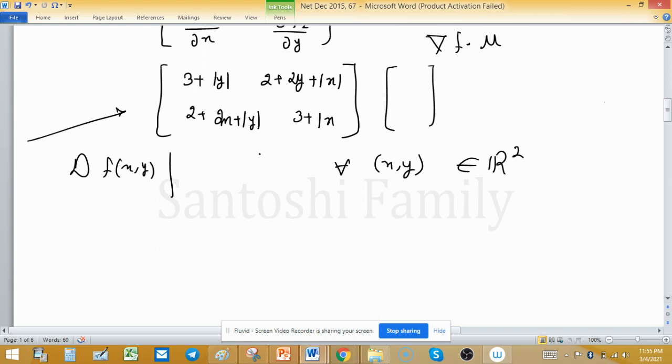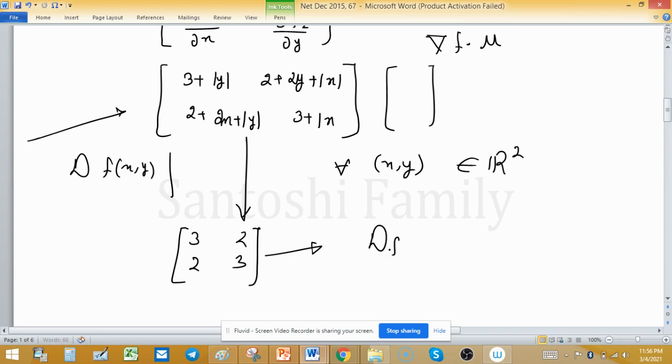As we have this matrix representation, and we need to check invertibility, at (0,0) put the value (0,0) in this. So this will be 3 2 2 3. We obtain this matrix, and we need to check the determinant of this one.